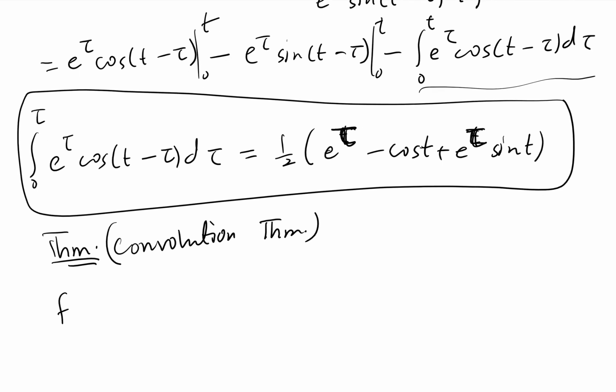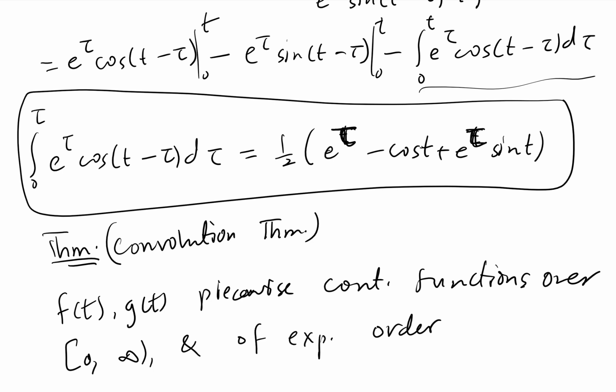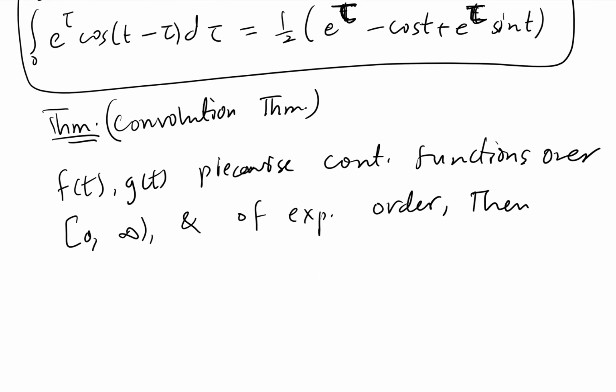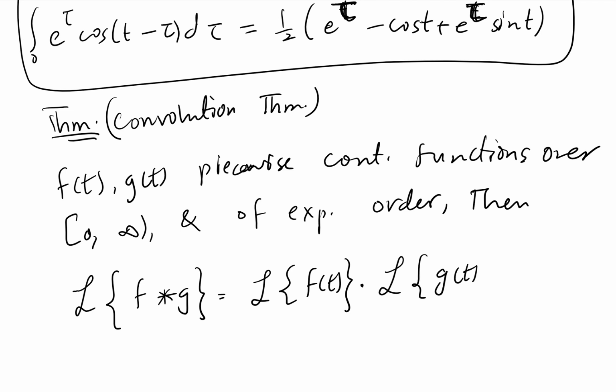It says if we have f of t and g of t, piecewise continuous functions over the interval 0 to infinity and of exponential order, then the Laplace of f convoluted with g is the Laplace of f of t times the Laplace of g of t.